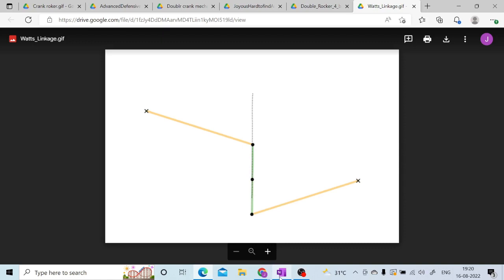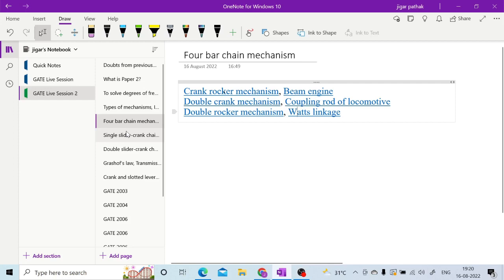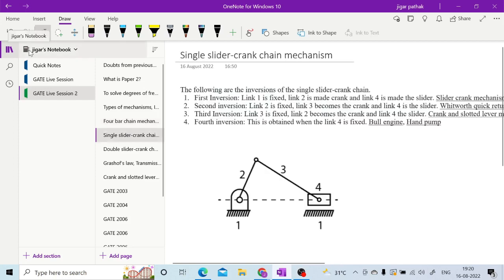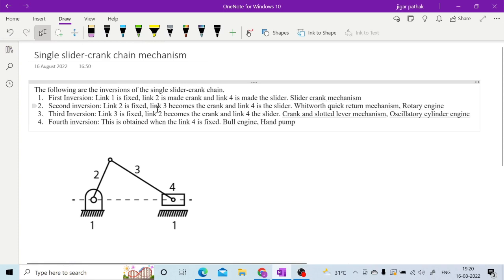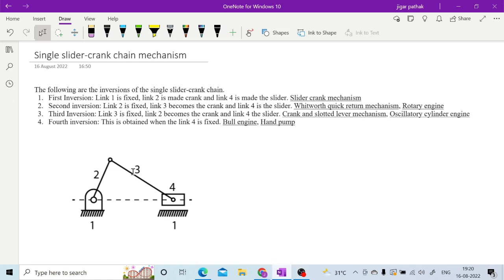Now the next is the single slider crank chain mechanism. In that particular single slider crank chain mechanism, you will have four different inversions: first inversion, second inversion, third inversion, and fourth inversion, right?